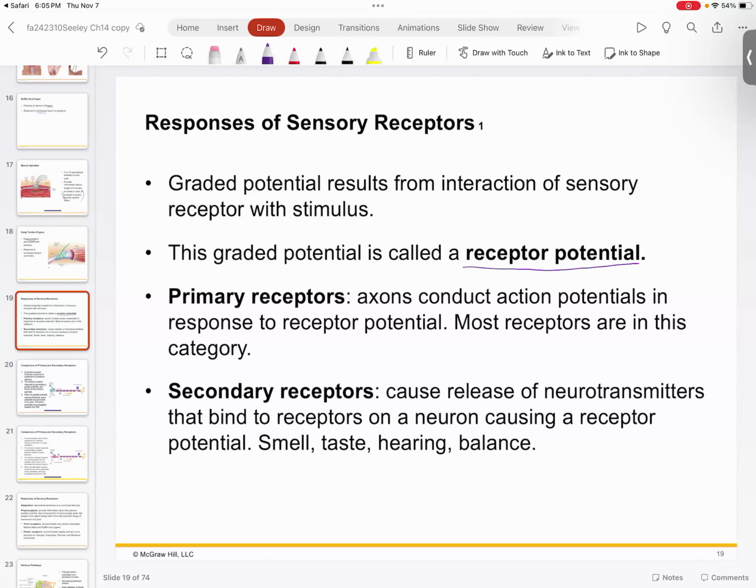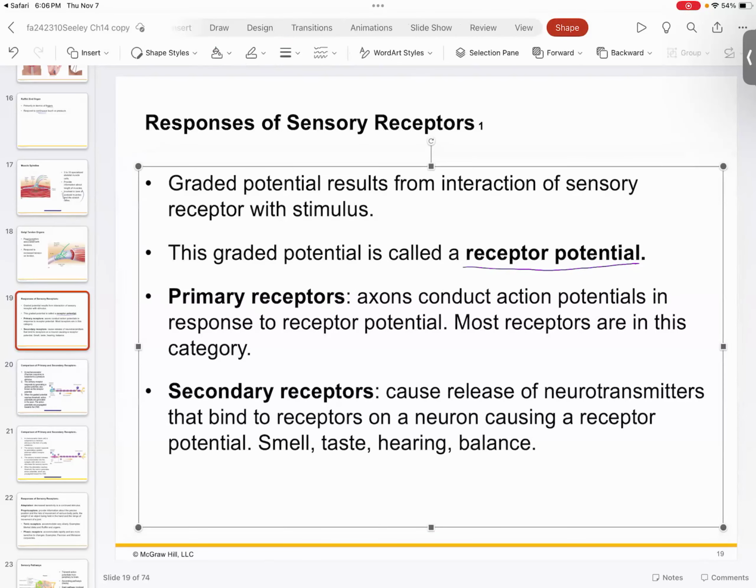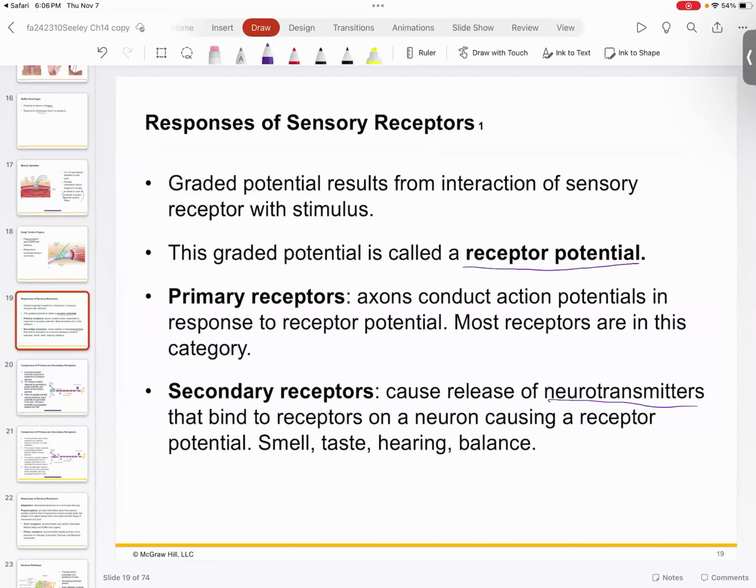A secondary one is a little bit different. This is one where the receptor potential causes a release of neurotransmitters. So rather than a direct conduction, you release transmitters that will then bind to receptors on a neuron, and that will cause the receptor potential.